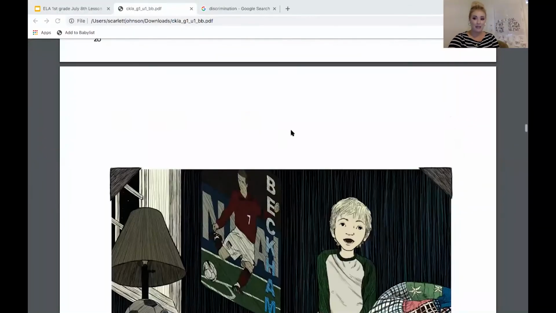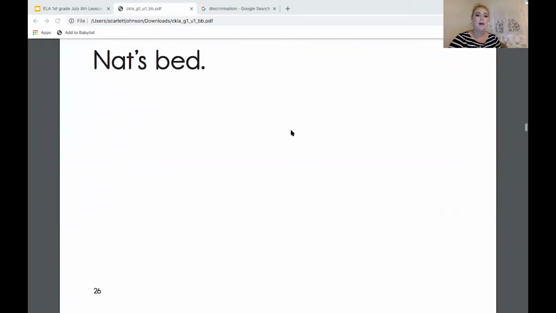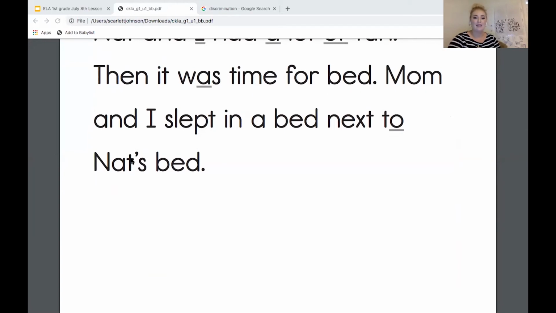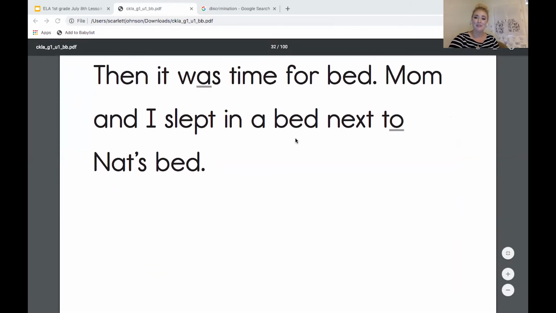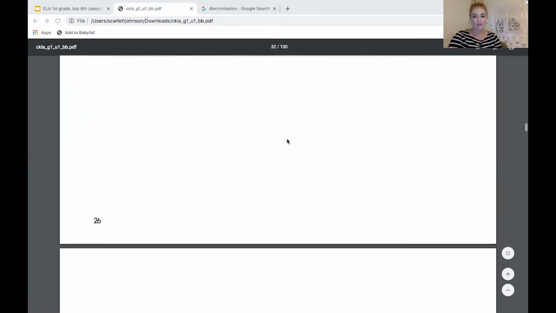Now, how do you know based on the apostrophe given? I'll show you. So in our story, you can tell that it's Nat's bed before you see the picture because it says Nat's bed. So that's Nat's bed by the apostrophe that's right here. Very good. Okay, let's move on to the next part of our story.